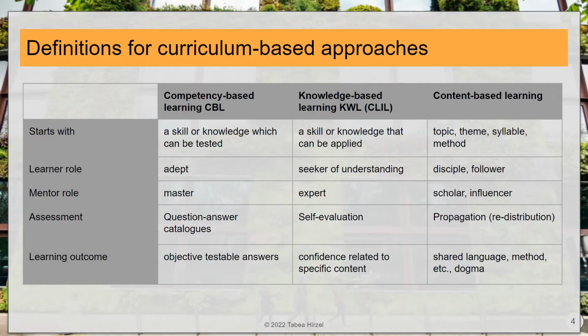And usually in the school environment we do this through question and answers, but there are more creative, more engaging ways to do that, and it's still competency-based learning, and we have as an outcome objective testable answers. So you could actually ask a student, so what do you know about the French Revolution?